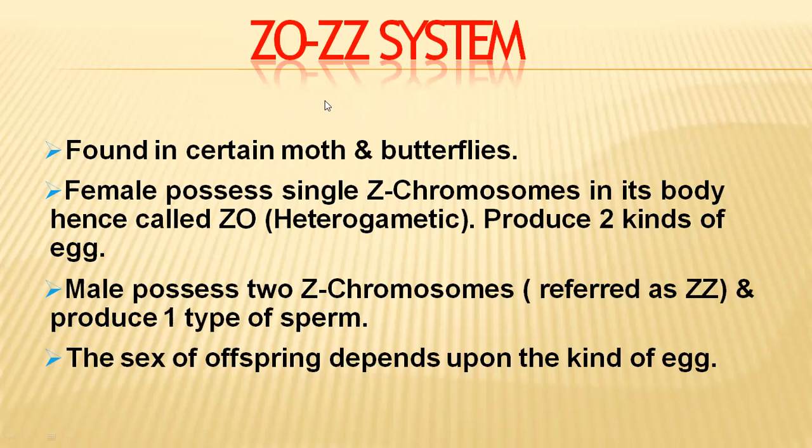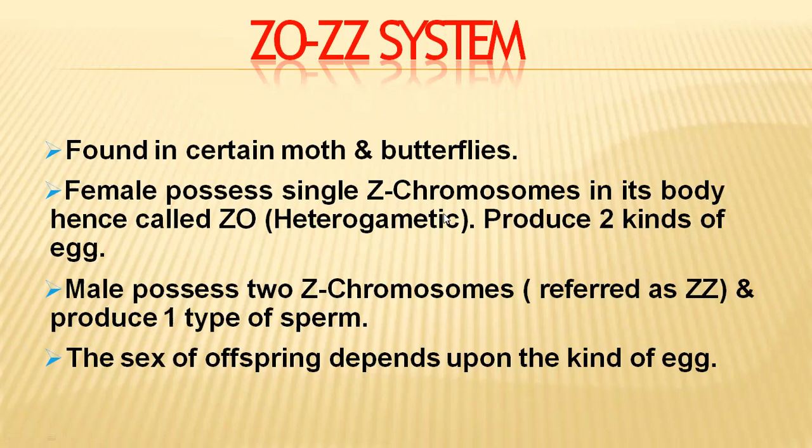So let us see the third system, the ZO-ZZ system. This system can be seen in moths and butterflies. In these moths and butterflies, the female possesses only 1 Z chromosome, whereas males possess 2 Z chromosomes. So here females produce 2 types of gametes. Half of the ova will contain the Z chromosome, the remaining half will not have any sex chromosome at all.